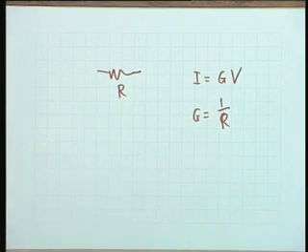A resistance has no memory. It cannot hold charge. It cannot hold energy. It is in fact a dissipative element. In other words, if current passes through it, the resistance dissipates or absorbs energy. All right, it is a dissipative element.